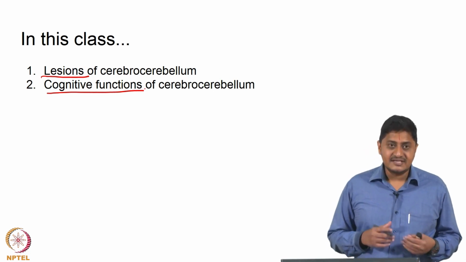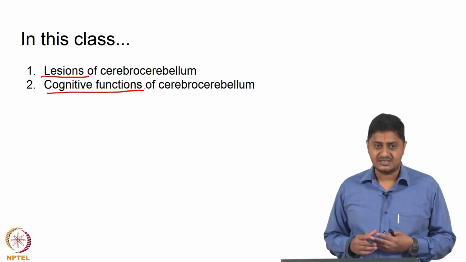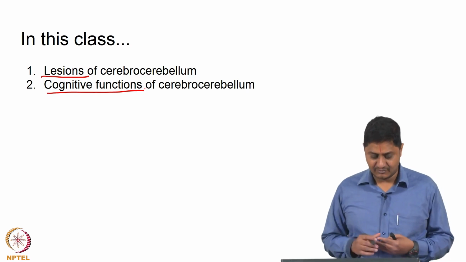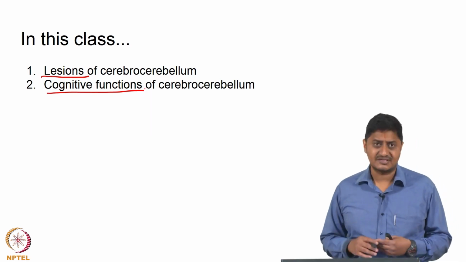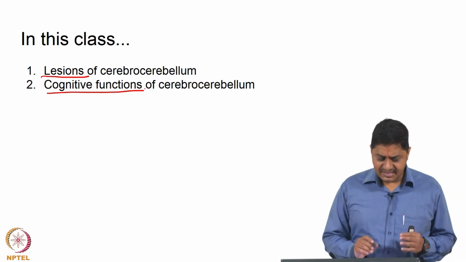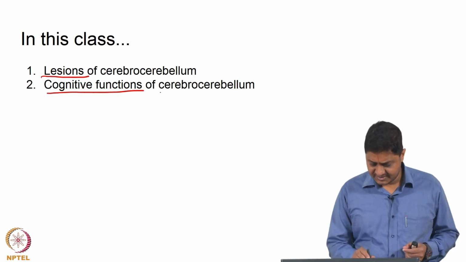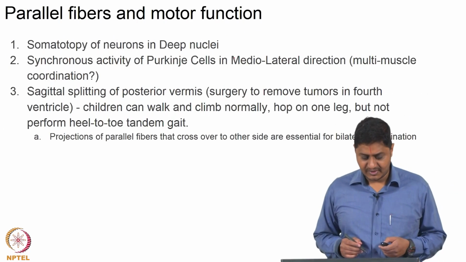But now there is increasing evidence to suggest that cerebellum also participates in functions other than motor functions, such as cognitive functions, such as sequencing, such as timing perception, etc. So, we will discuss some of these in this class. Okay. So, the cognitive functions of cerebellum.